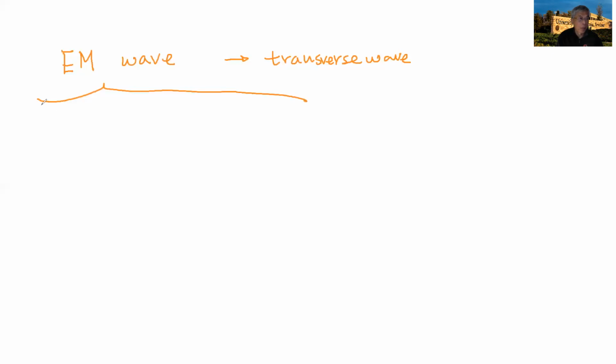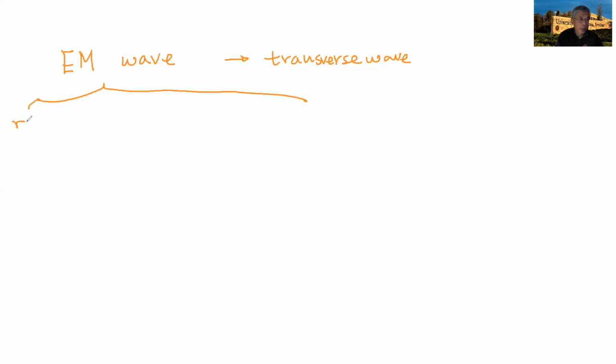To continue, we're going to discuss another two types of wave, which is basically a different way of categorizing waves. EM wave is one kind of wave, and it's always a transverse wave. EM wave has a spectrum of different types of wave.